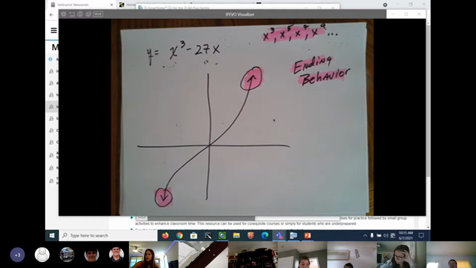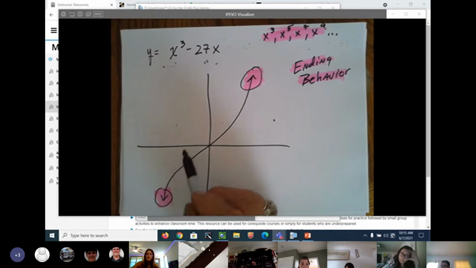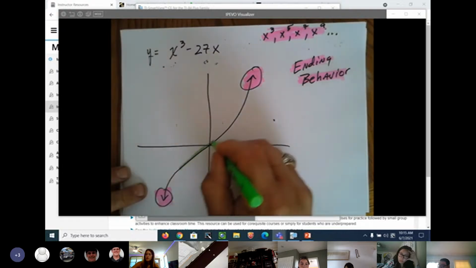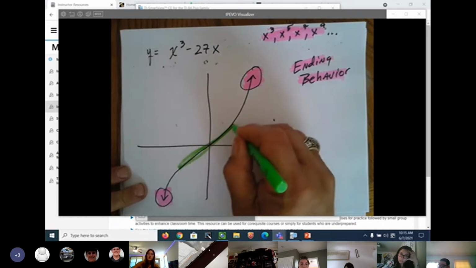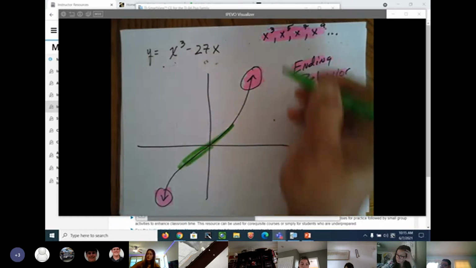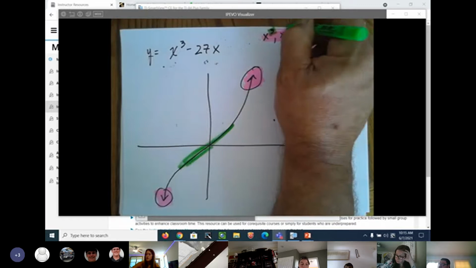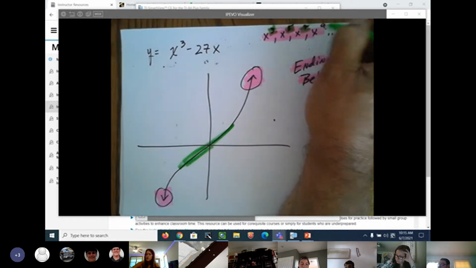Now, what's the difference between an x to the 5th and an x to the 7th? Well, right in here, I'd say from about right in here, I'll do this in green. This area right in here is affected by these coefficients, these exponents.